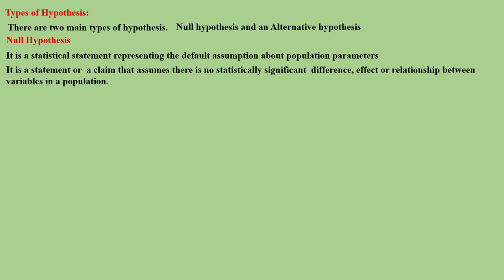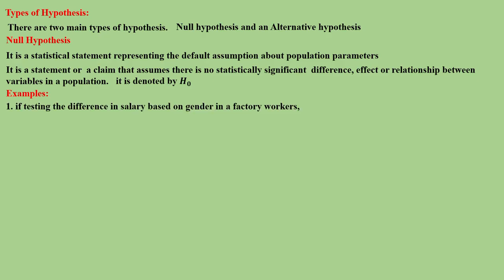It is a statement or claim that assumes there is no statistically significant difference, effect or relationship between variables in the population. It is denoted by H0. Example: if testing the difference in salary based on gender among factory workers, suppose male and female workers are there in a factory. Males are getting this much, females are getting this much, but they are in the same category.